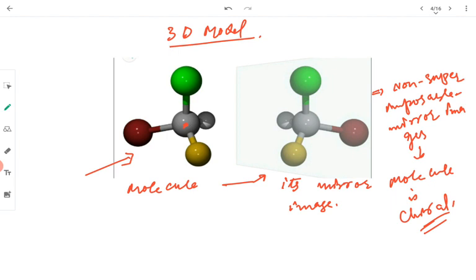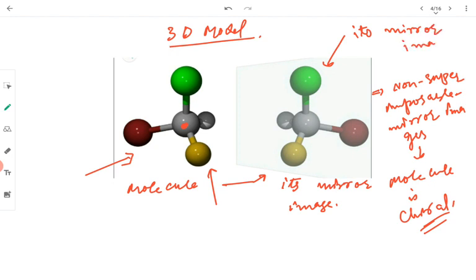Different colors means different groups. So this central atom is attached to four different groups. This is the model of the original molecule, and this is the 3D model of its mirror image.